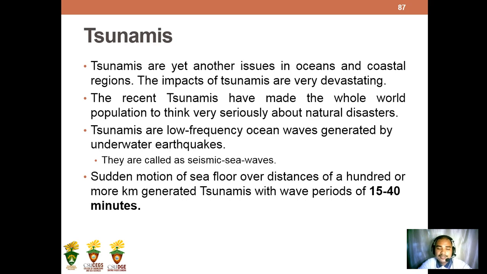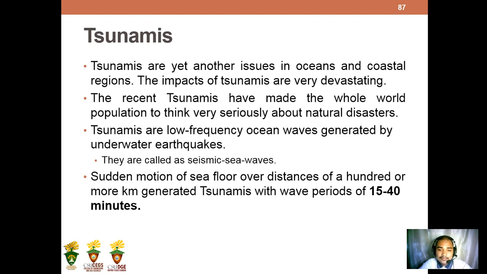natural disaster. Tsunamis are low frequency ocean waves generated by underwater earthquakes. This is what we call seismic sea waves. Usually this is caused by a volcanic eruption under the water or tectonic plate motion.